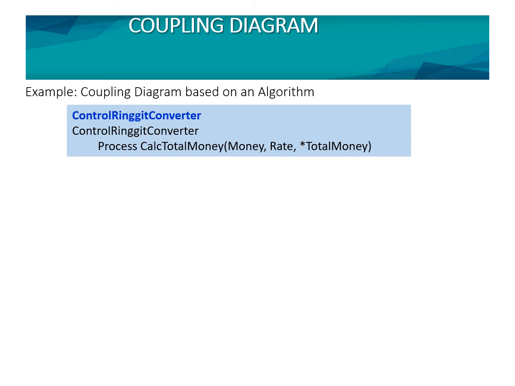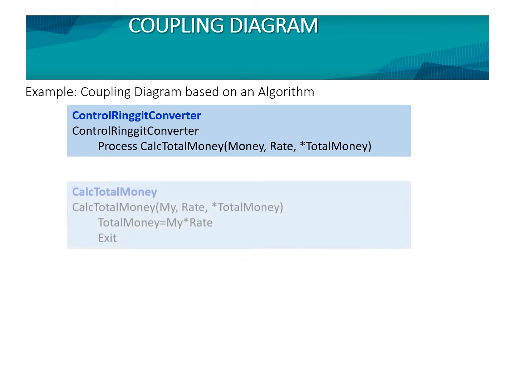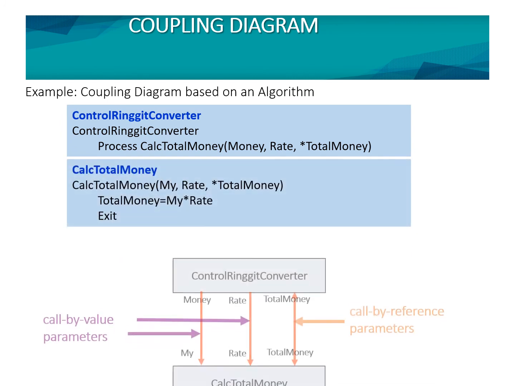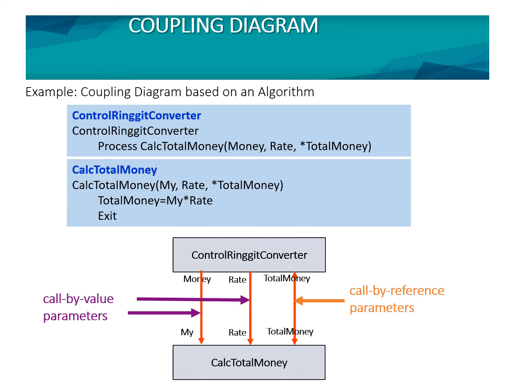What about the interactivity between control ringgit converter and calculate total money? So how does the coupling diagram look like? The diagram looks like this. There are two differences, calling by reference and calling by value parameter, in this interactivity.